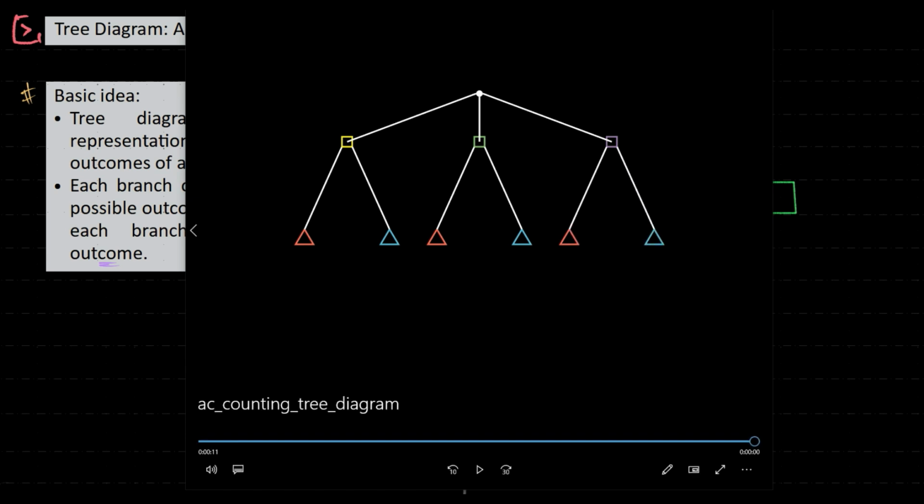So I can explain it this way. We have this to be the starting of the time. As time passes, the kid would have chosen either yellow, green or purple, right?